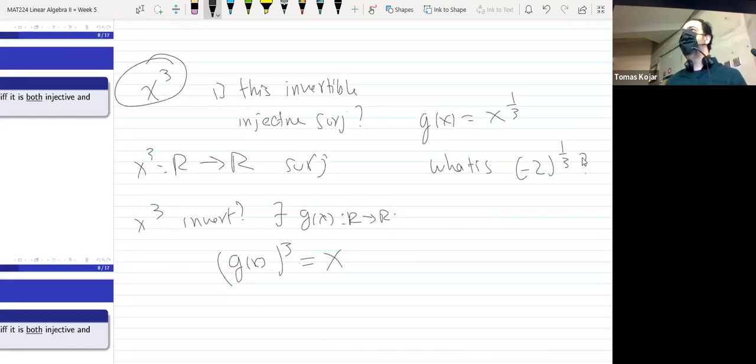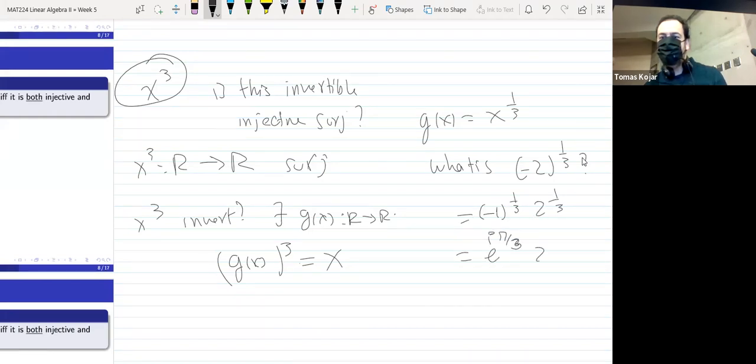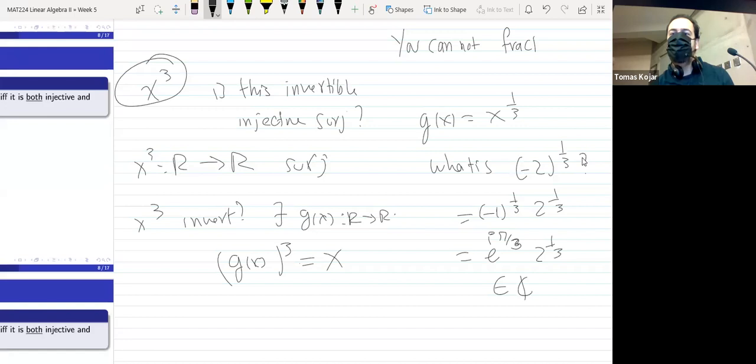It's a complex number, e to the i pi over 3. So this is complex. You cannot take fractional powers of negative numbers.